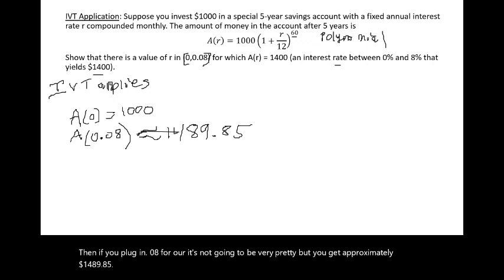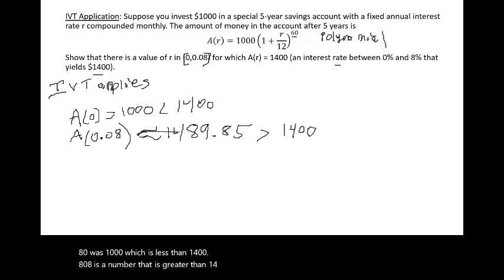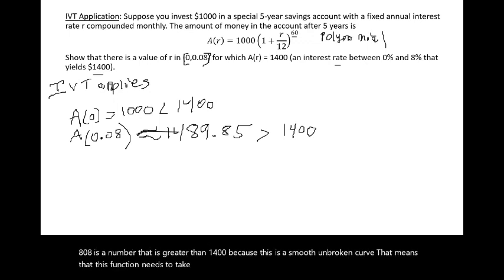So A of 0 was 1,000, which is less than 1,400. A of 0.08 is a number that is greater than 1,400. Because this is a smooth, unbroken curve, this function needs to take on every single y-coordinate between 1,000 and 1,489 at least once.